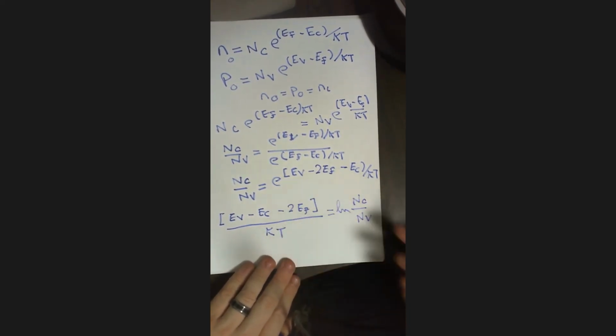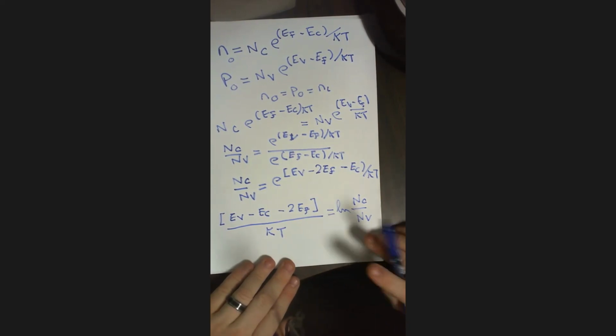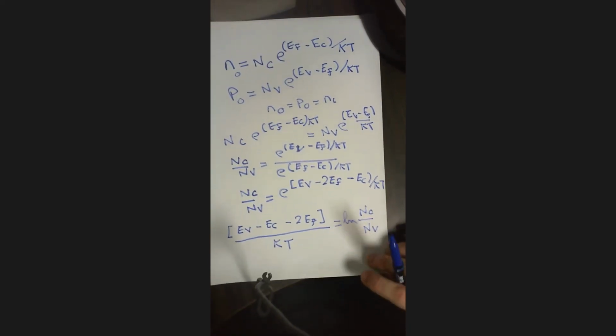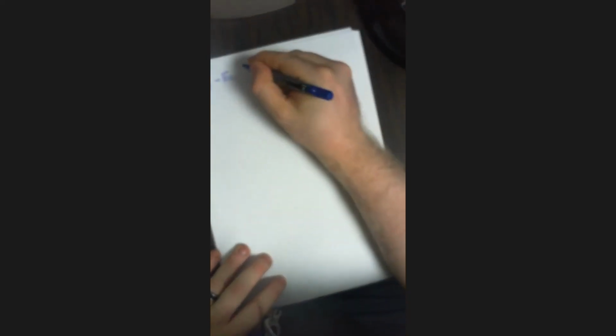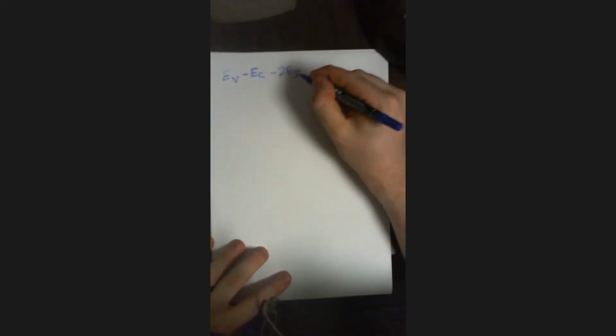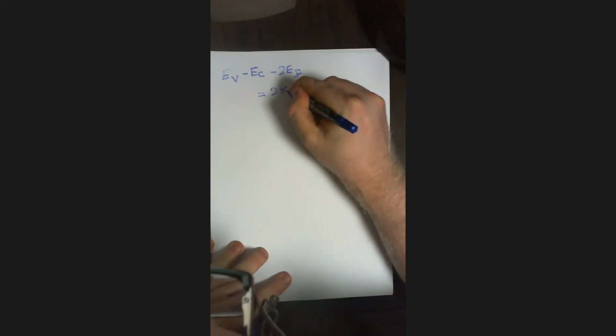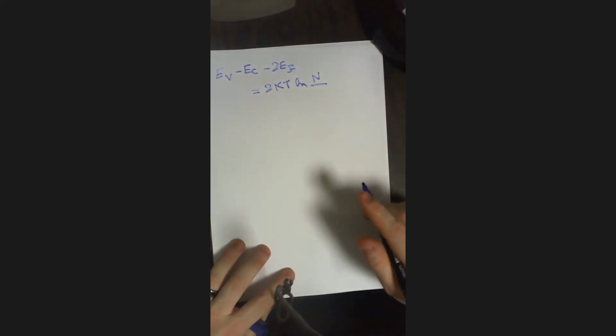Mathematically, just the log function on both sides. So, in order to continue, I can multiply here by KT, and then it will be something like that: EV minus EC minus 2EF equals KT ln of NC over NV.